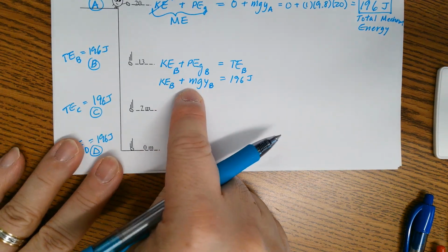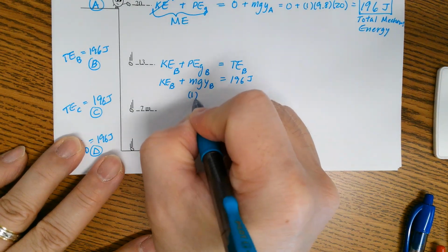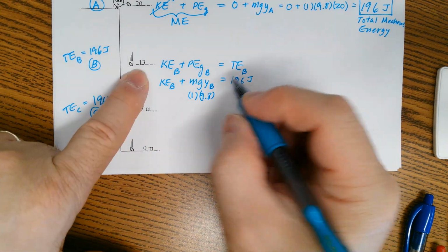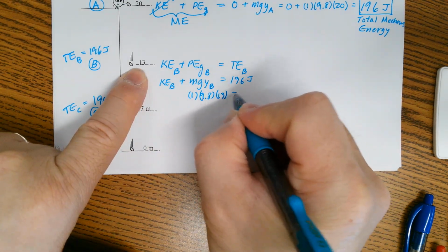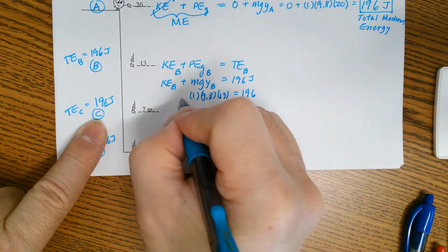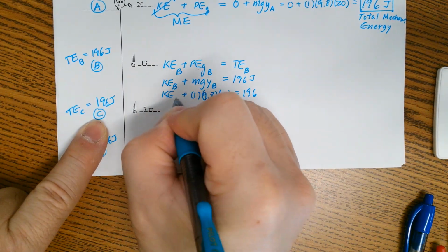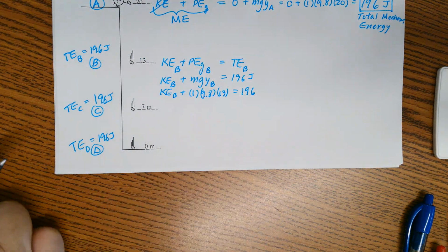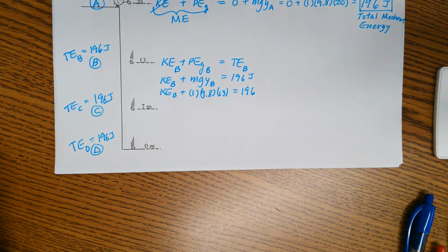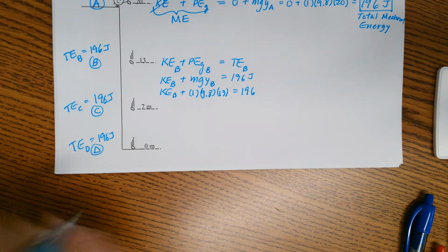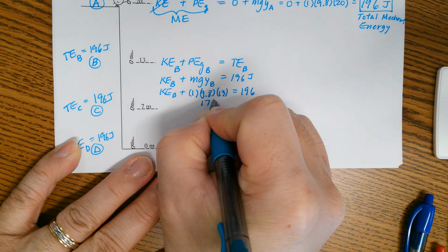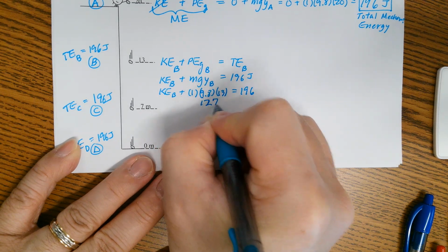What is mgyB? That is 1 times 9.8 times the height at B, which is 13. So potential energy at point B is 127.4 joules.